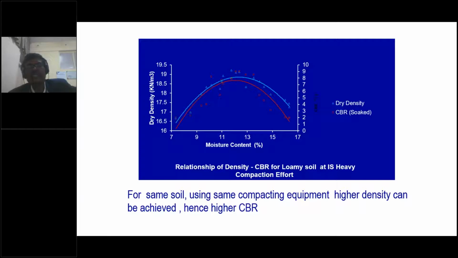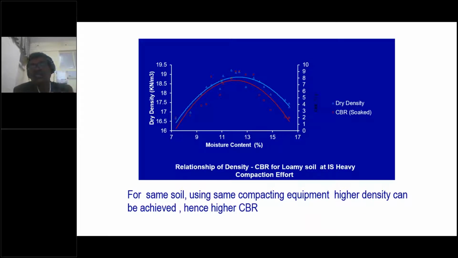So the whole design, the layer thickness, depends on these two important parameters. Now, just by rolling alone, same soil, putting a few more passes, if I can increase the density from 95 to 99%, it is highly possible I may increase my CBR from 5 to 6 or even more. The advantage is I can reduce the layer thickness.